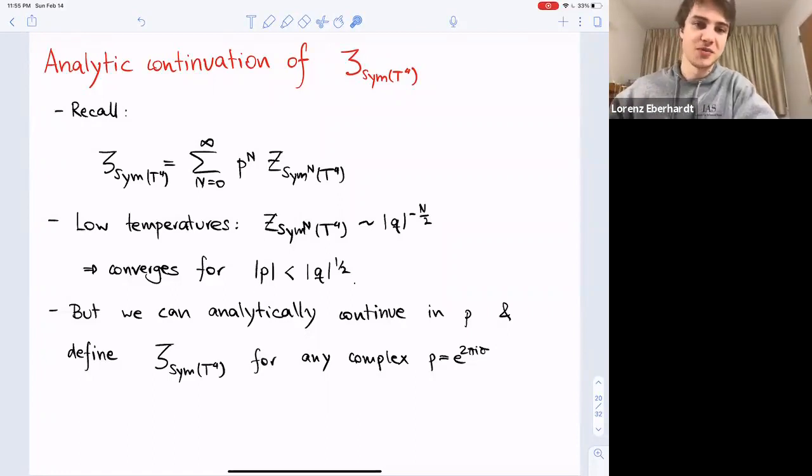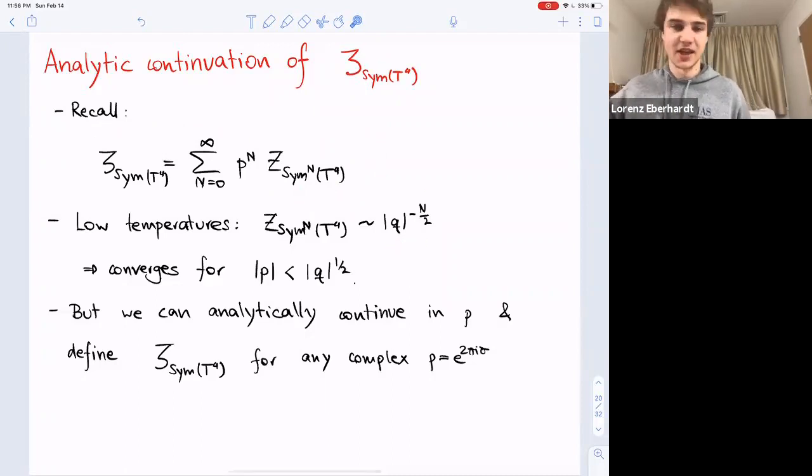let's try to understand a bit more about this grand canonical ensemble, because it has some very interesting features, I think. Just to recall, that was our definition from the boundary point of view. The first comment I want to make is that at low temperatures, every partition function here behaves like q to the minus n/2.